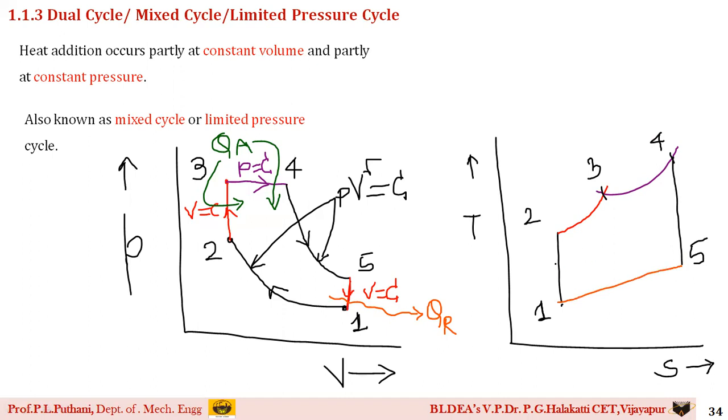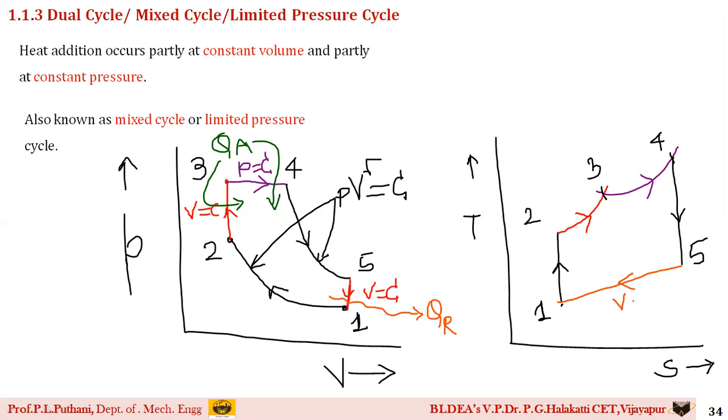If I name these curves, it looks like this, students: 1 to 2, 2 to 3, 3 to 4, 4 to 5, and 5 to 1.